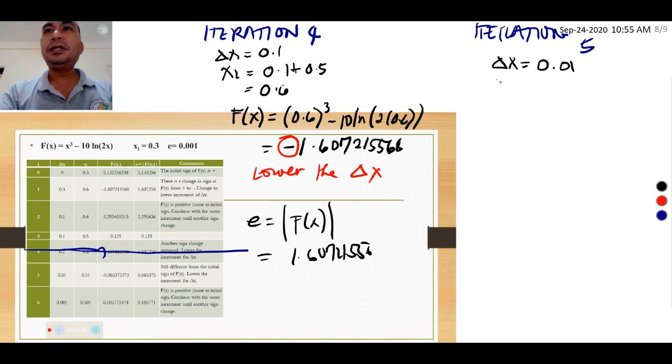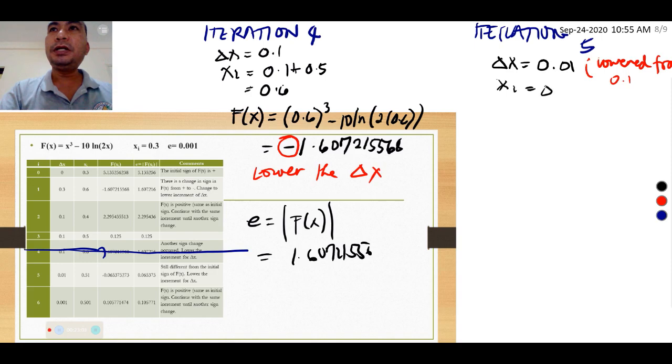So our new xi, just to take note, is lowered from the initial value of 0.1, because there is now a change in delta x. So the value of xi will be your delta x plus your previous xi.